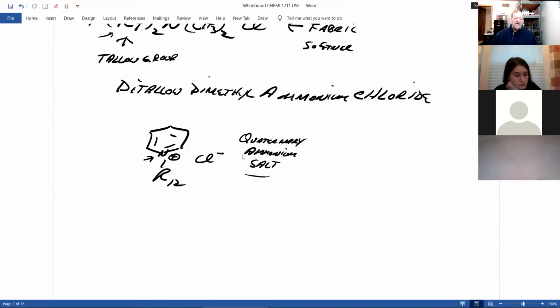Now, interesting enough, when you have this type of quaternary ammonium salt, there's other types.